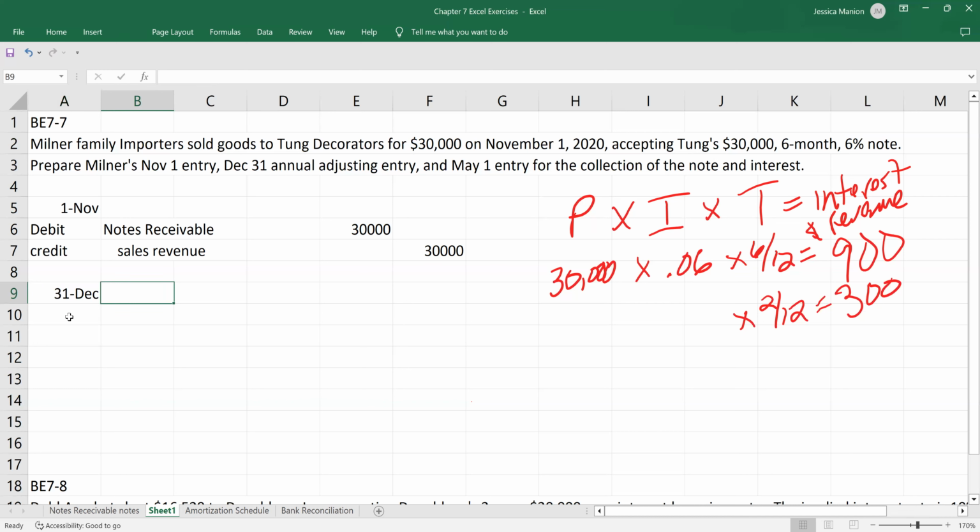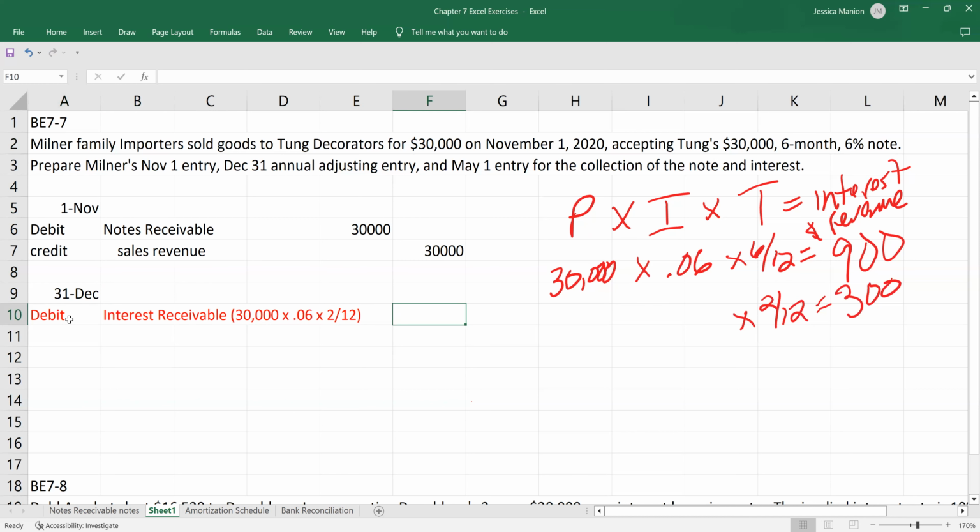We're going to debit interest receivable. I'm not sure why it's doing this red on me. Debit interest receivable for 300. And I'm going to put in parentheses so we remember, that's our 30,000 times 0.06 times 2 over 12 months.